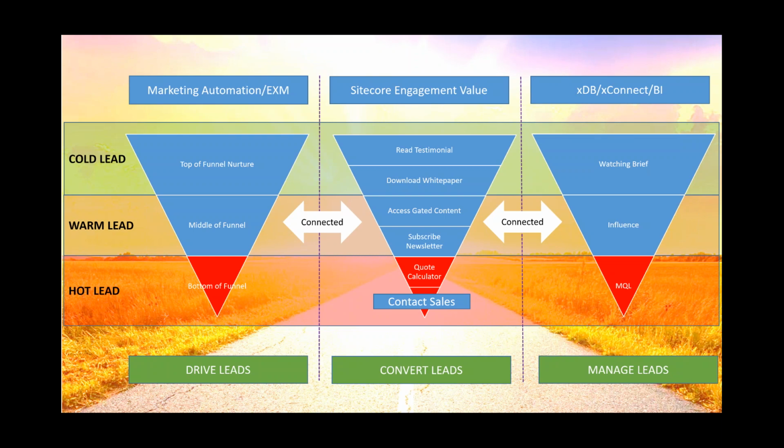So it's going into Salesforce, it's going into Microsoft Dynamics, for law firms it's going into Interaction, or whatever tool they're using. So I can then push out an email that's aimed at middle of funnel users, somebody who's read the testimonial, that's downloaded the white paper, that's accessed the gated content. And of course, by supplying that all important email address, this person's gone from an unknown user to a known user and given us the ability to have an electronic commercial relationship with them.